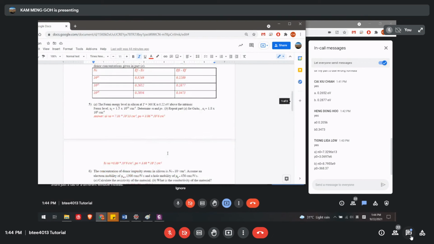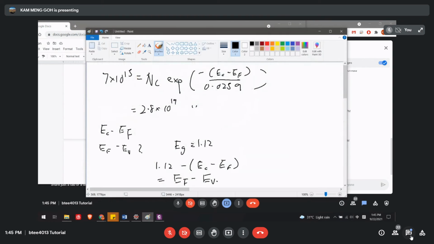Okay, the next one. The concentration of the donor impurity is ND equal to 10 to the power 15. Assume the mobility mu n is 1300 and the mobility of a hole is 450. Compute the resistivity and the conductivity. So we have spent quite a lot of time on this question. Since this one didn't give you the NA, we assume that NA will be equal to 0. And also this is silicon, so NI will be equal to 1.5 times 10 to the power 10. So basically we have to use this formula.